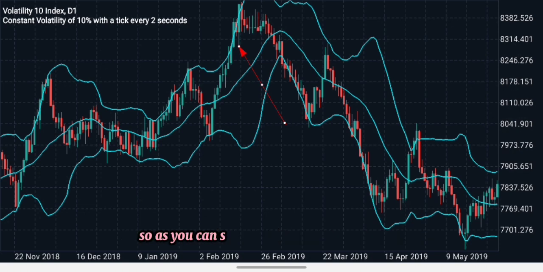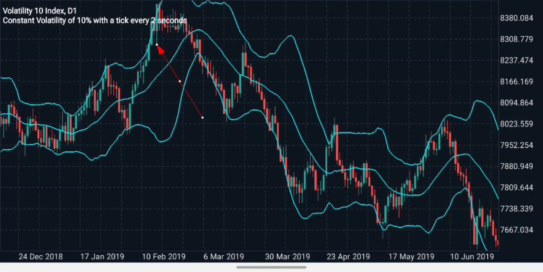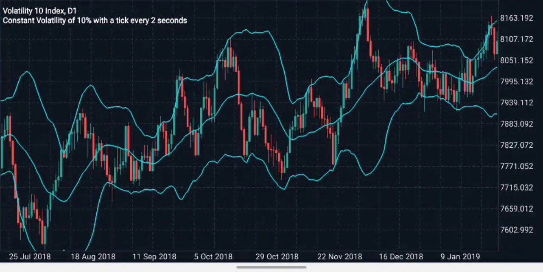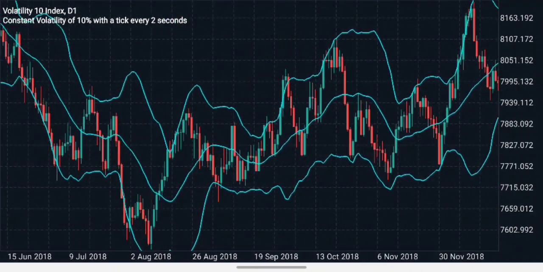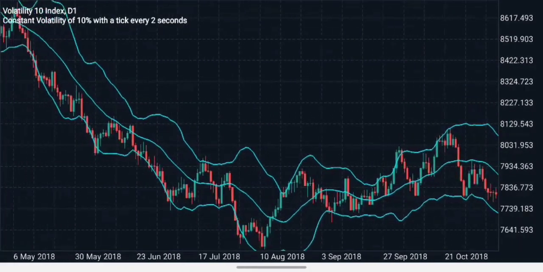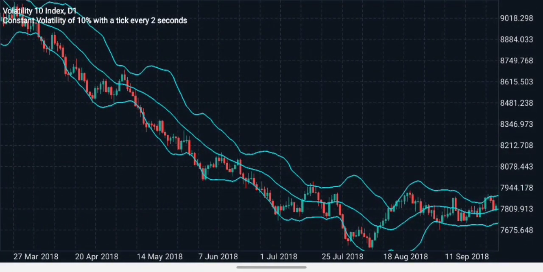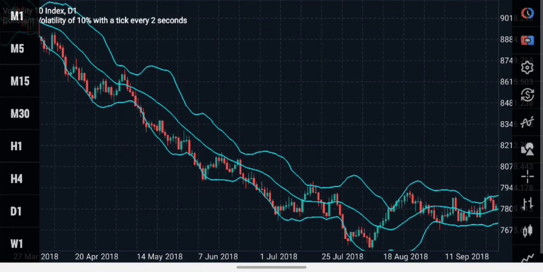So as you can see, let me put another example. As you can see at this point, let me put another arrow.